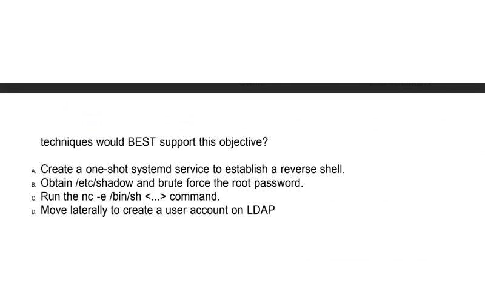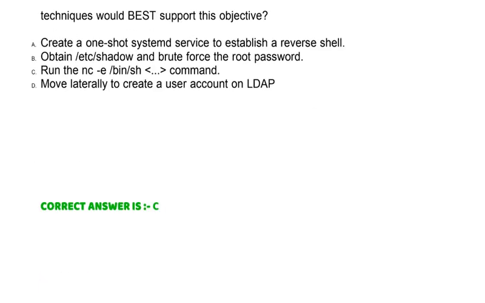Option B, obtain /etc/shadow and brute force the root password. Option C, run the nc -e /bin/sh command. Option D, move laterally to create a user account on LDAP. Correct answer is option C.